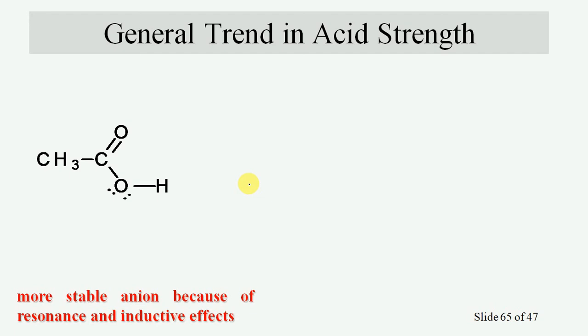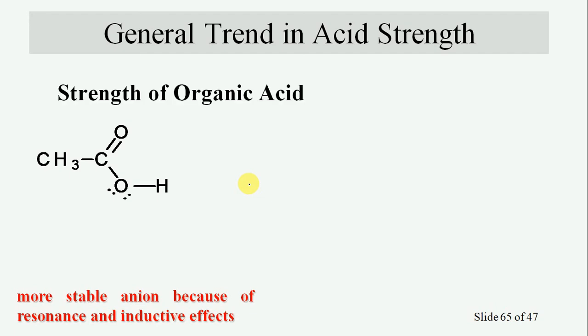Strength of organic acids. The acidic character of carboxylic acid is due to cleavage of the OH bond in the COOH group.